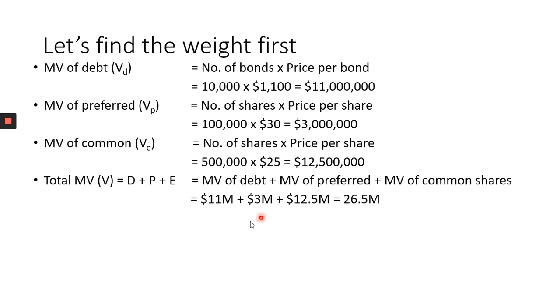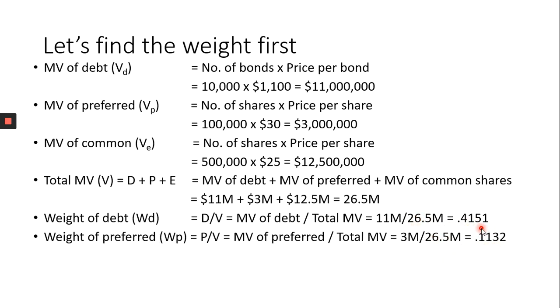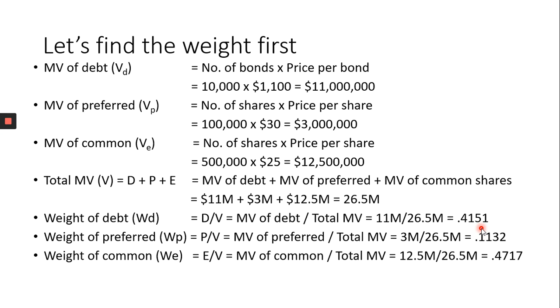So the weight for debt is simply 11 million divided by 26.5 million. If you follow the same steps for the preference shares and the common shares, you will get this result. So now we have the weight for the debt, preferred share, and common equity.